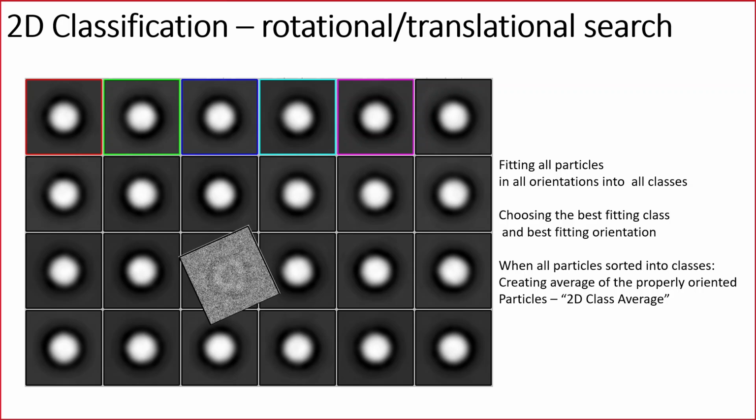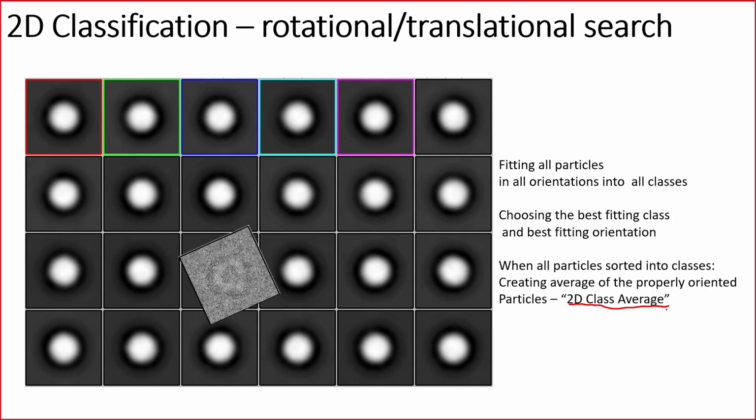And where they fit the best, we leave the particle in that class. We apply the best orientation of this particle image and sum it together with the other particles from the same class, and we will get a 2D class average.